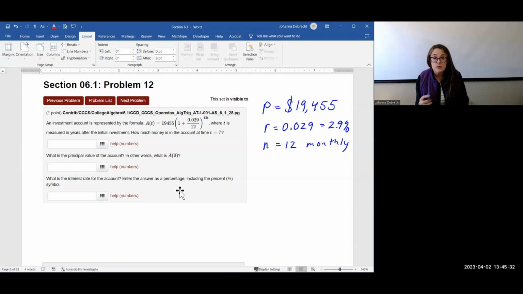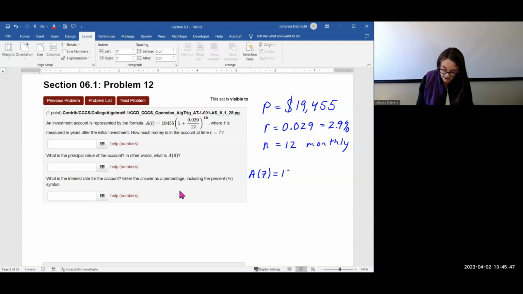So what we need to do is plug in 7 for t. So 12 times 7 comes out to be 84, I think. So we want to find A of 7, the accumulated amount after 7 years.